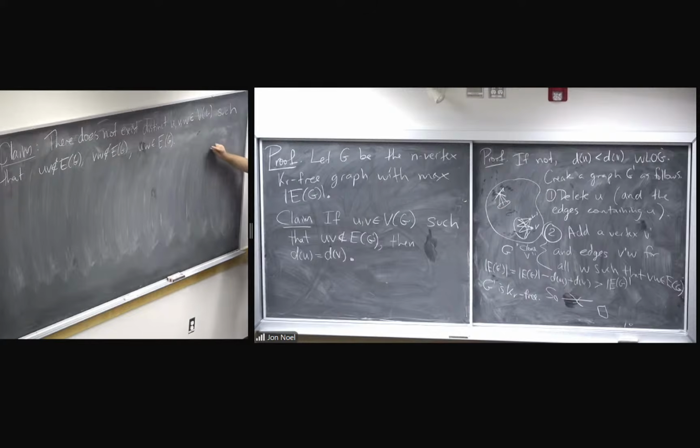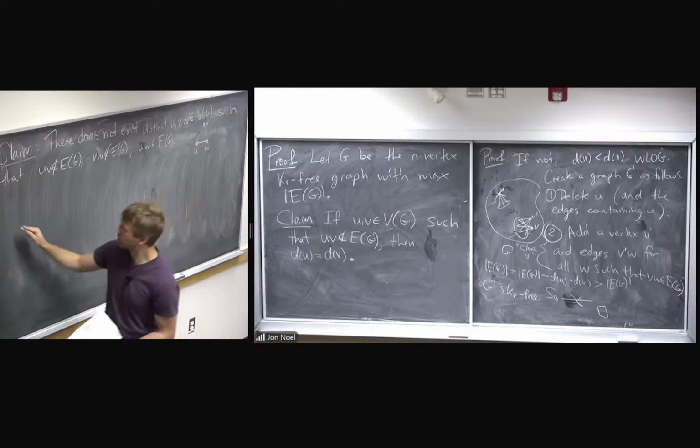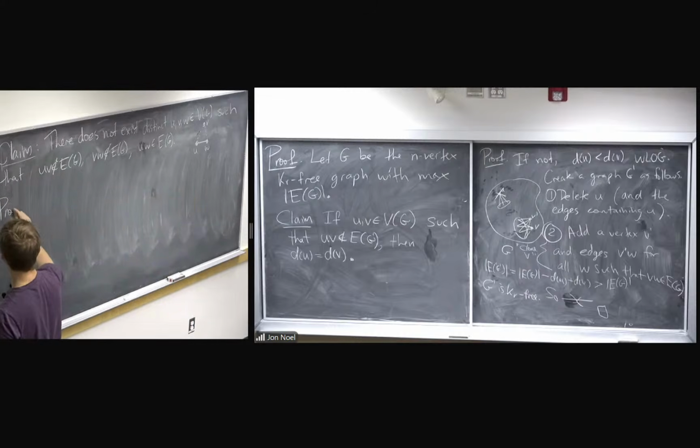So the picture of the kind of forbidden structure is, so this dotted line means that there's no edge. So U is not adjacent to V, V is not adjacent to W, but U is adjacent to W. I guess probably I didn't need to say distinct.